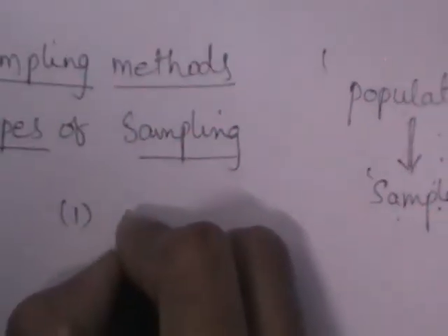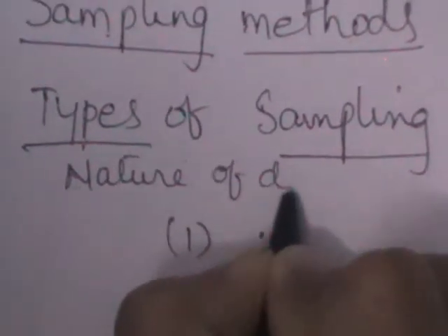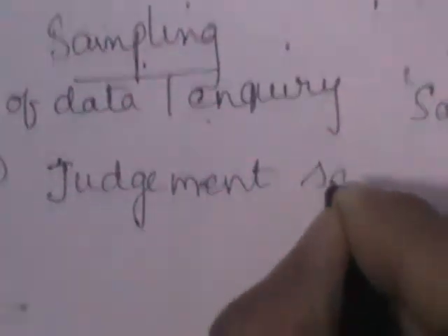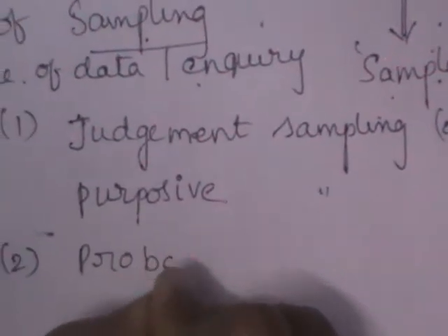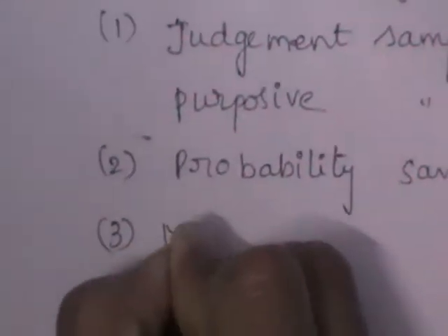Basically we have three types of sampling techniques, depending upon the nature of the data we are going to collect, or the type of inquiry. Based on these two, we classify the sampling methods into three categories: judgment sampling, which is also called purposive sampling, second, probability sampling techniques, and third, mixed sampling.